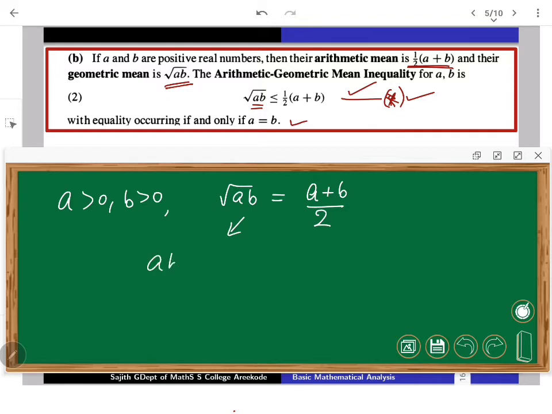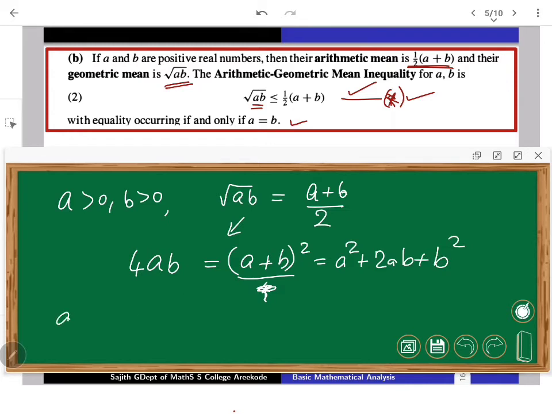So just square it. What will happen? You will get ab is equal to a plus b whole square by 4. So rearrange it. You can multiply with 4, it's a positive quantity. Everything can be done very easily. So what you are going to get is 4ab on the left, and in the next step, the right hand side is a squared plus 2ab plus b squared. Rearrange it. So you will get a squared minus 2ab plus b squared equal to 0, right?